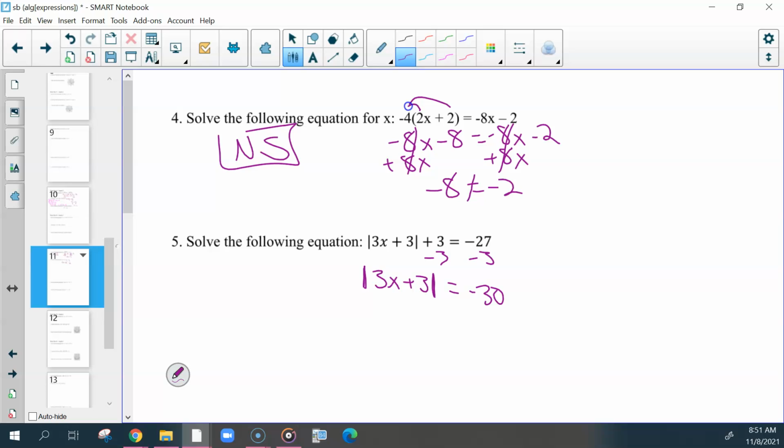However, we cannot solve absolute value equations that equal a negative, so this would have no solution. So if you continued to solve that, that was incorrect. Questions on either of those?